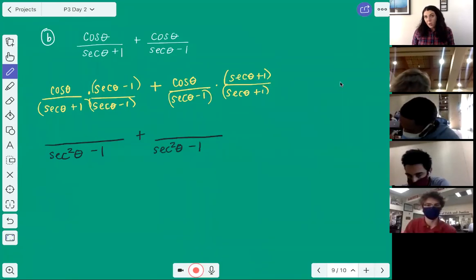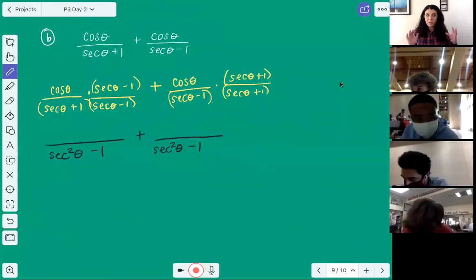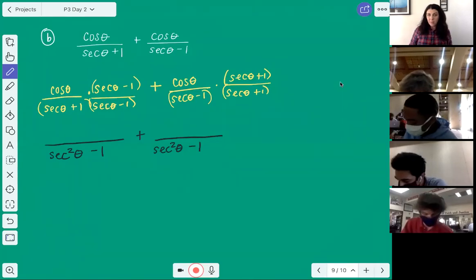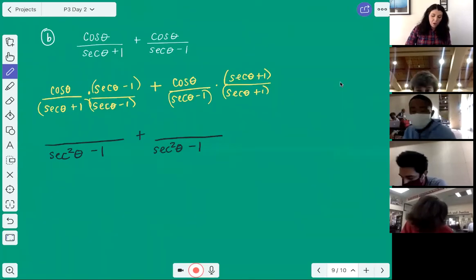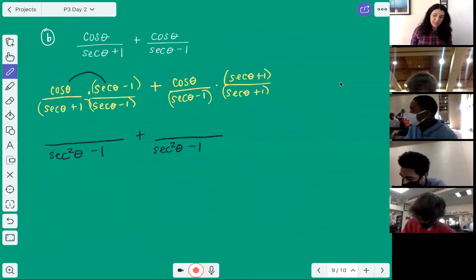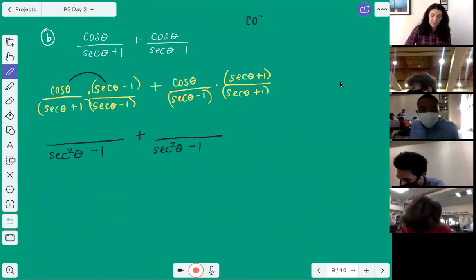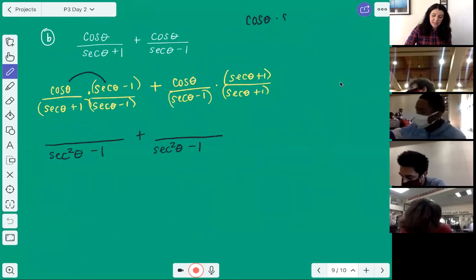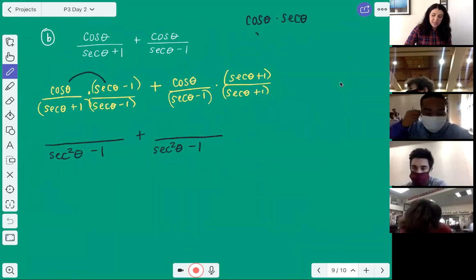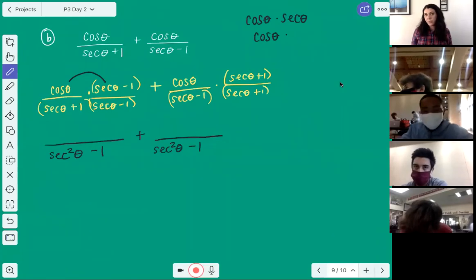All right, now we have cosine times secant minus 1. So cosine times secant minus 1. And then we have plus cosine times secant minus 1. So let's look at what we get here. We get a cosine times a secant. So a cosine times a secant of theta is the same as a cosine of theta times what, Oliver?